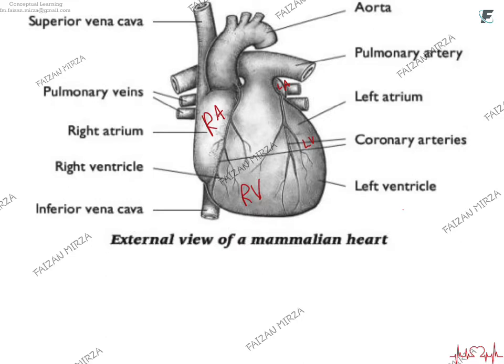Then you can see the superior vena cava joining right into the right atrium, and the inferior vena cava, from behind, is also joining at the same point towards the back, in the right atrium only.